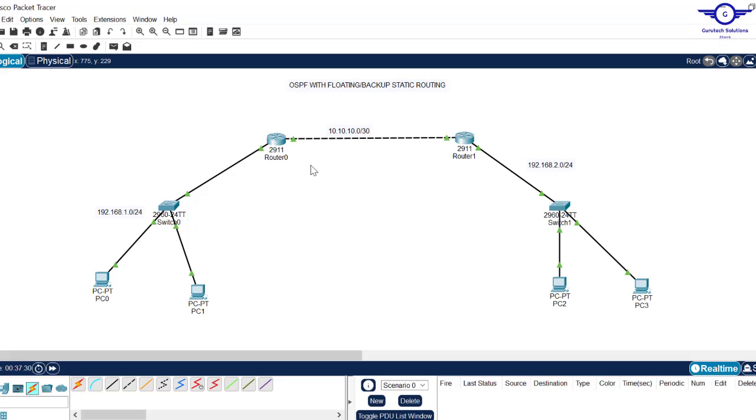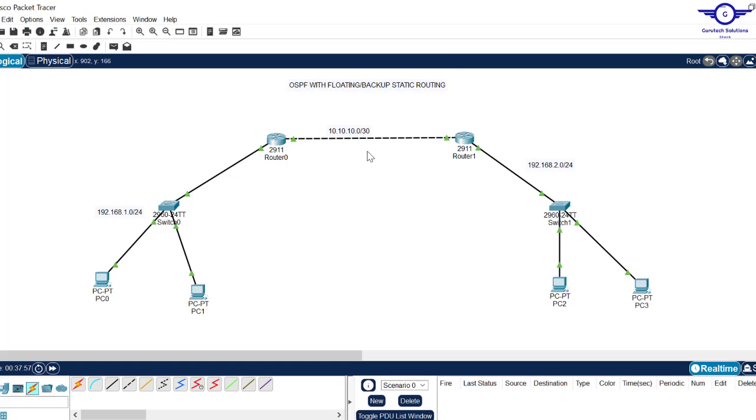Now we want to design a backup route for OSPF. Meaning, when OSPF fails, that route should be used. And also, I've said that a routing protocol with the lowest administrative distance is the one that will be used.